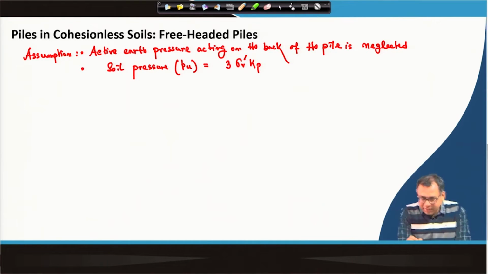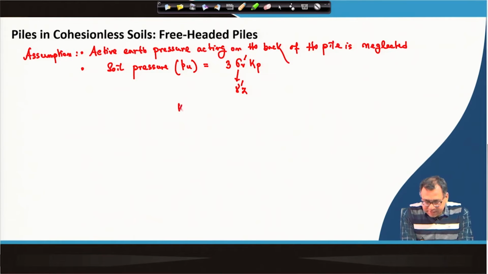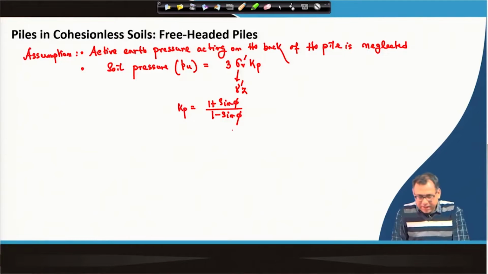So, at a point, sigma v is gamma dash into z, where gamma dash is the effective unit weight of the soil, and Kp is the Rankine passive earth pressure coefficient, which is (1 plus sin phi) divided by (1 minus sin phi), and phi is the friction angle. So, this is another assumption: the soil pressure at any point is 3 times sigma v dash into Kp.